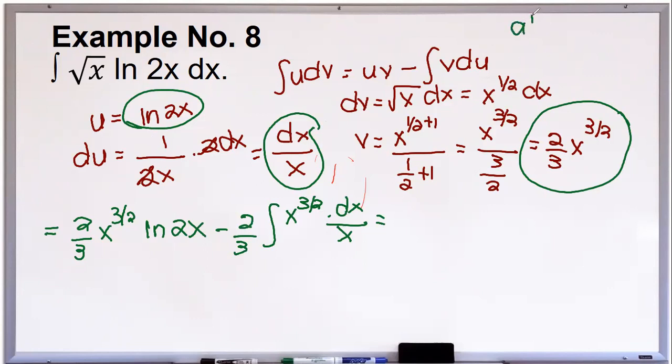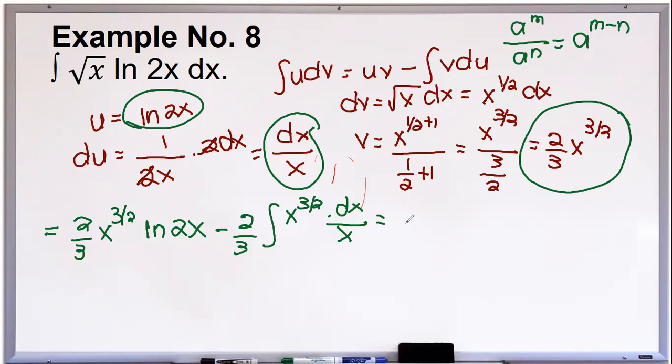Ulitin ko, a raised to m over a raised to n. So pag ganito, subtract ang exponent if you have the same base. So magiging a raised to m minus n.